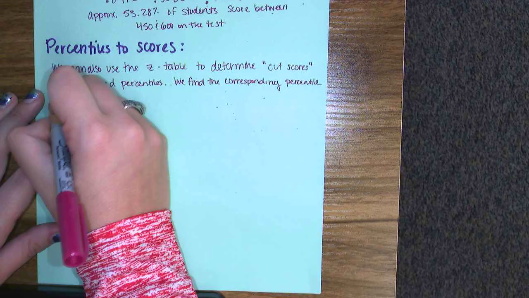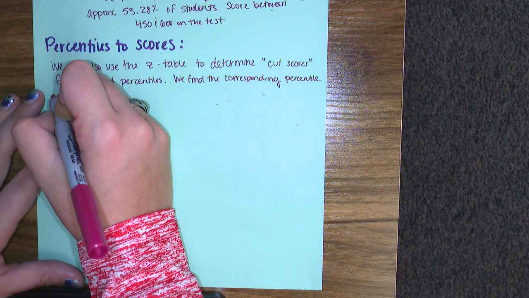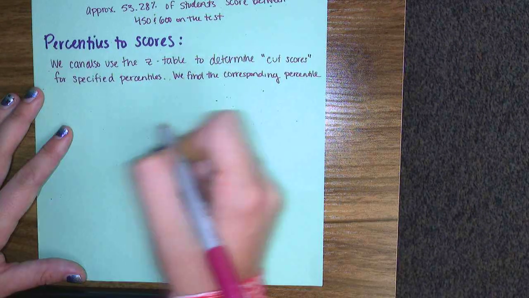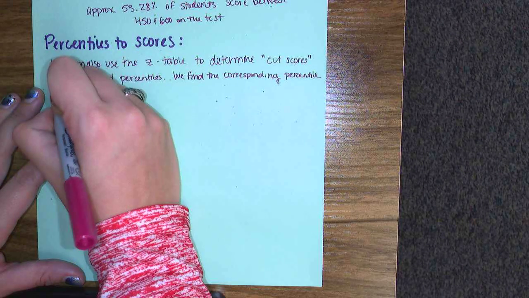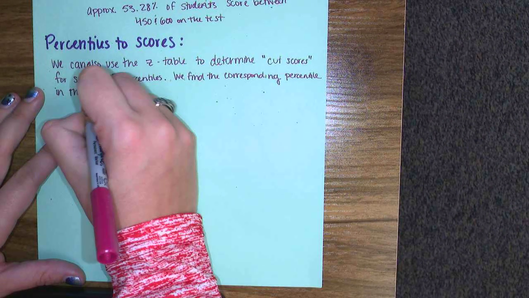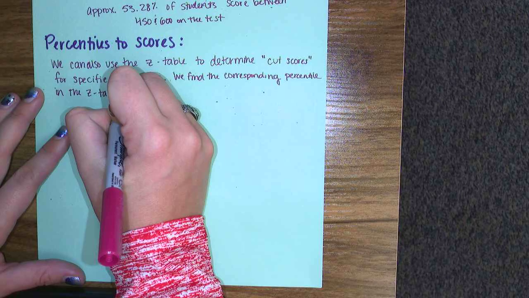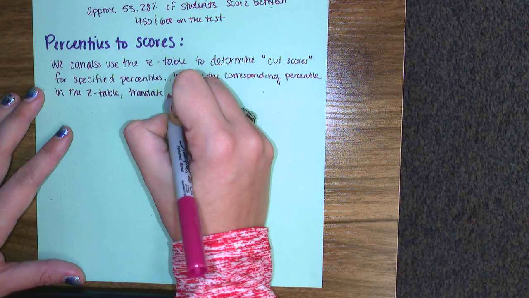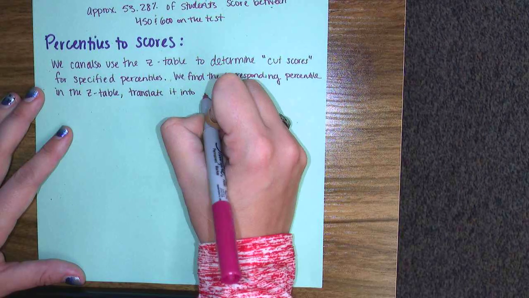It sounds confusing, but I promise it's actually not that bad. We find the corresponding percentile in the Z table. Translate it into a Z-score.